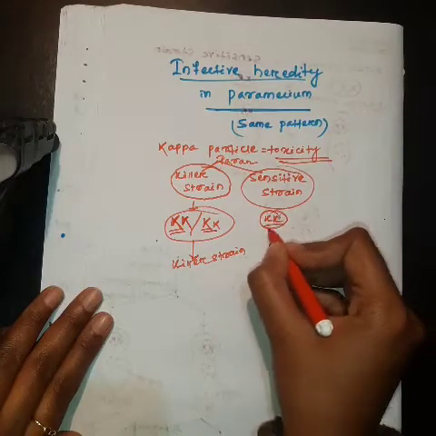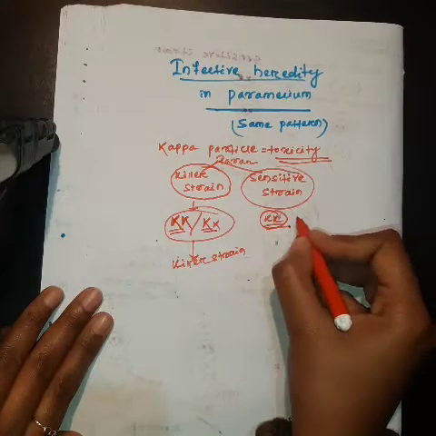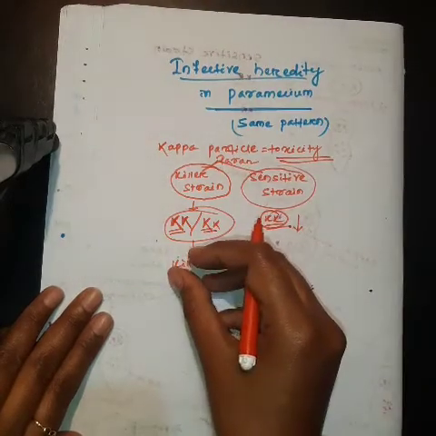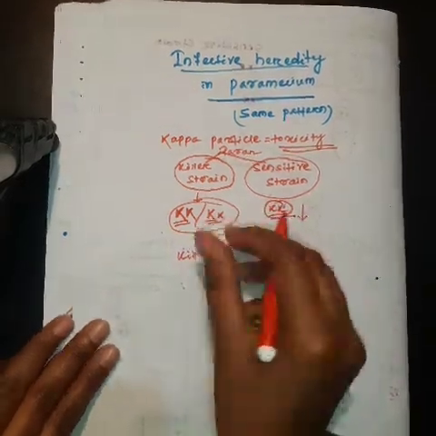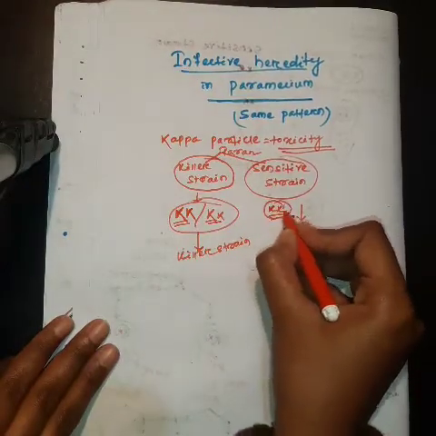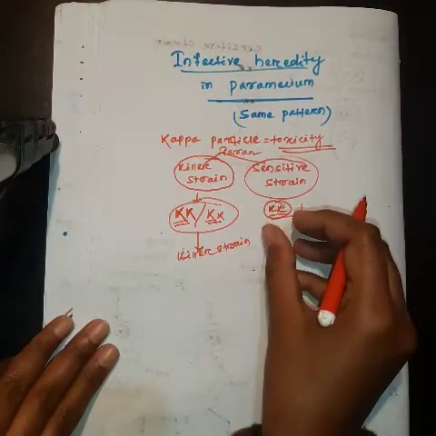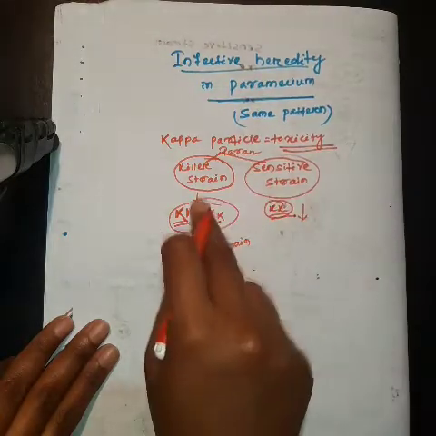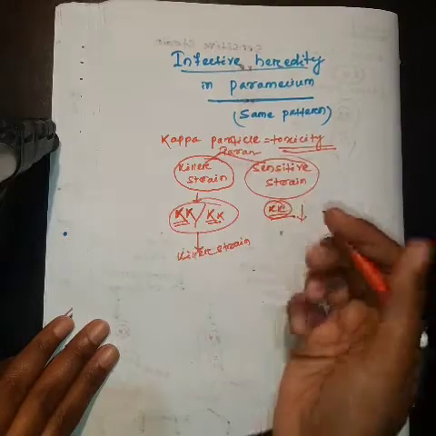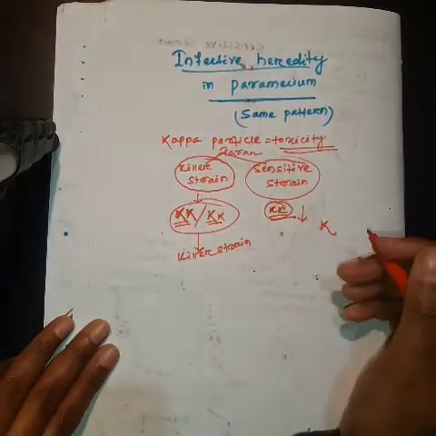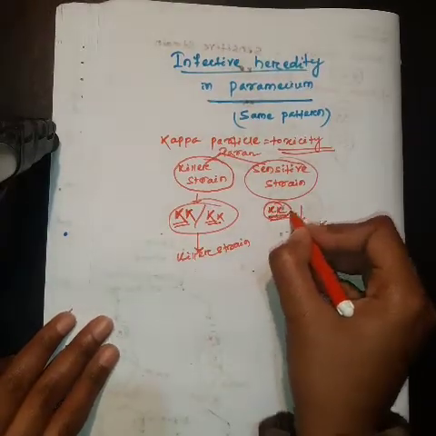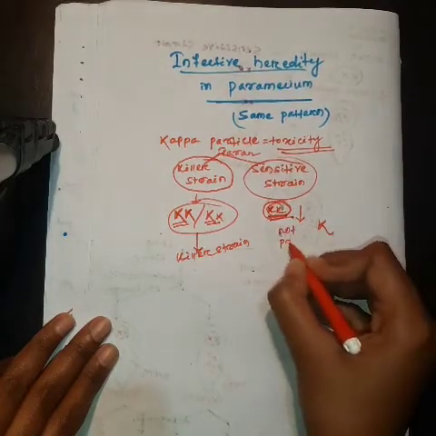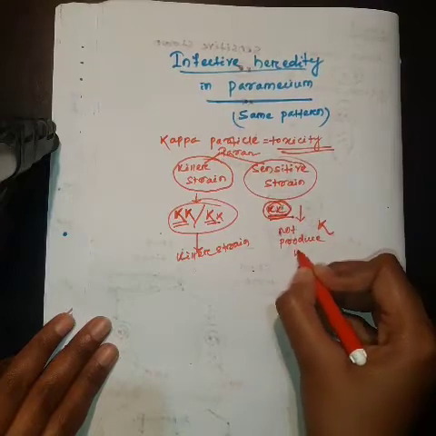If no copy of the killer gene is present, it is incapable of producing the kappa particle.